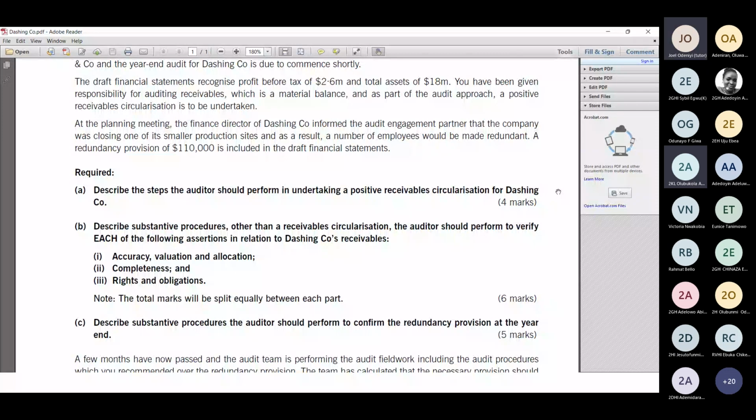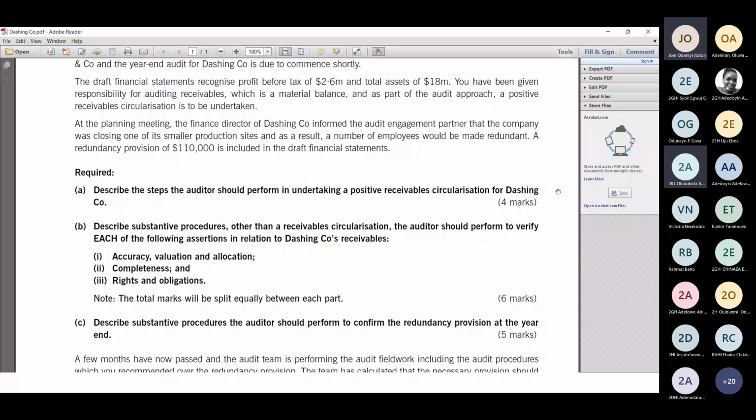Now understand, when you're trying to check for completeness of receivables, you're trying to see if receivables is complete. So you want to check if there's been omission. That's why in this case you always start from the support document.